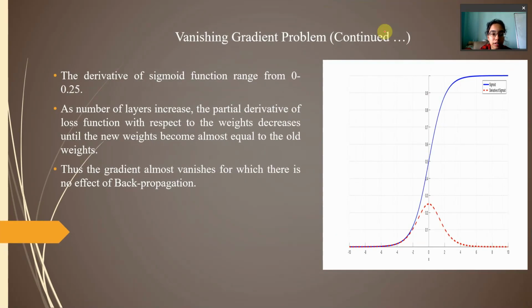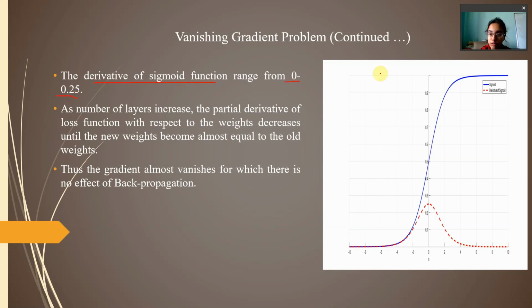This is the information: the derivative of the sigmoid function ranges from 0 to 0.25. I have already discussed the sigmoid function in my previous lecture, and I told you that the output of the sigmoid function ranges from 0 to 1 and the derivative of the sigmoid function ranges from 0 to 0.25.